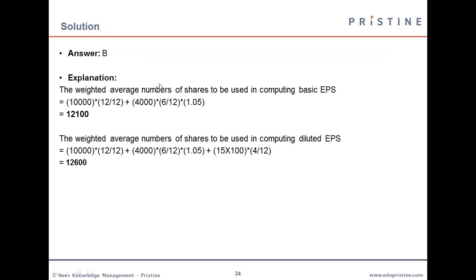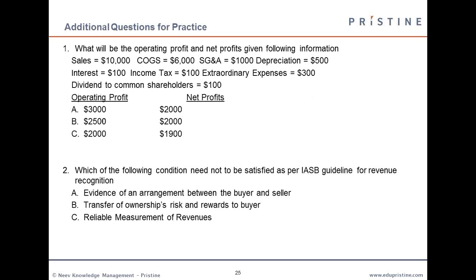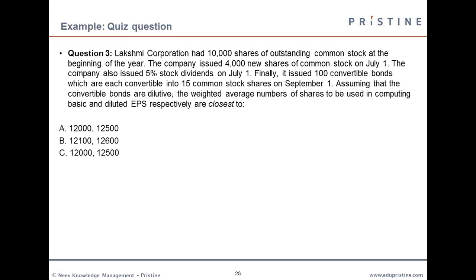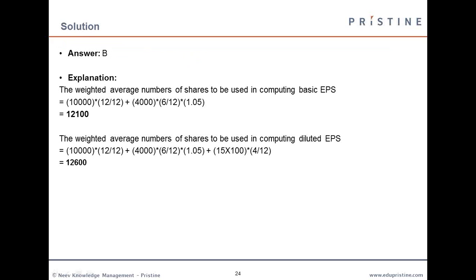It is B. And the way we calculate them are, we calculate the average number of shares, which is 10,000 shares. They are at the beginning of the year and they are for all 12 months. So we take 10,000 completely. And the 4,000 shares that are issued in July, they are for 6 months and they have an extra stock dividends of 5%.